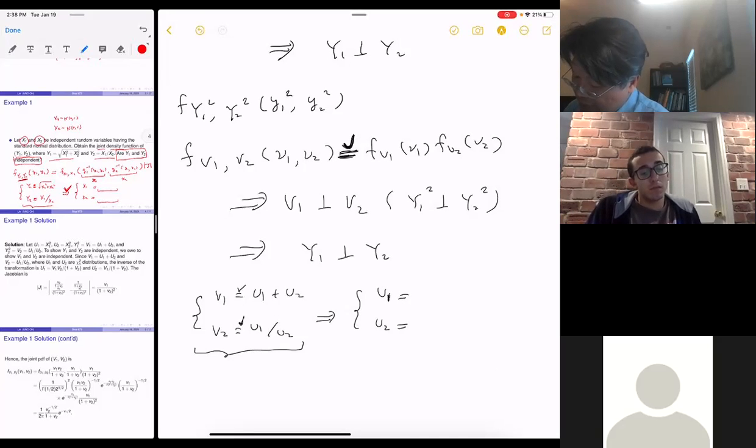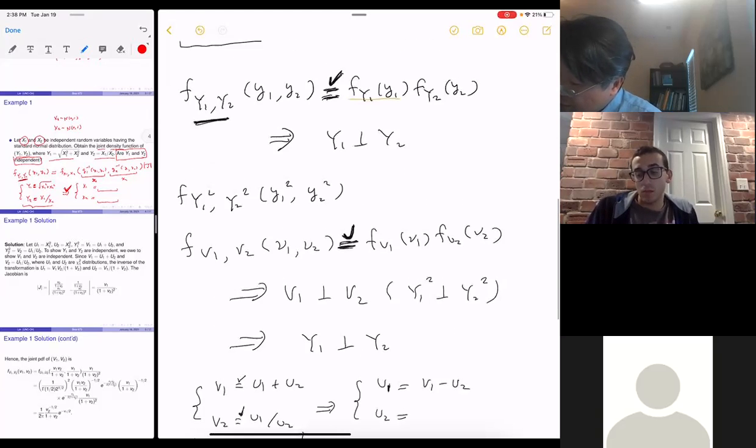So from here, U1 is V1 minus U2, right? I cannot keep U2 on the right-hand side. I have to switch. Hold on, did I?